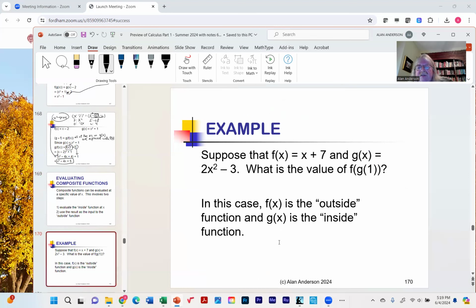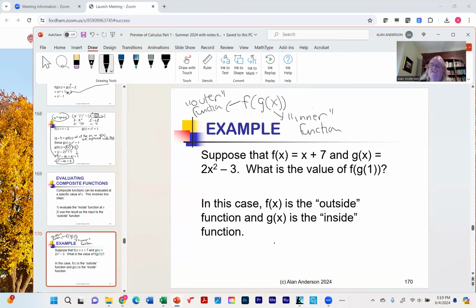We got f of x is x plus 7, g of x is 2x squared minus 3. Sometimes this can be thought of as the inner function. And this f is the outer, so-called outer function. So what you can do is solve for the inner function and then evaluate the result.